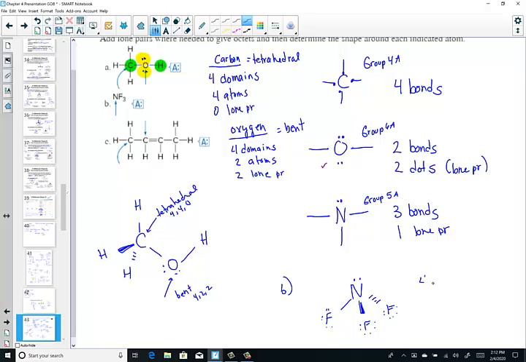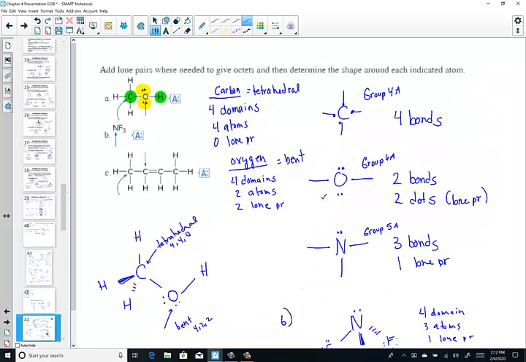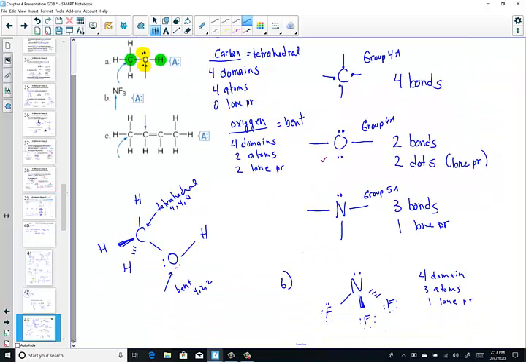Of the 4, 3 lead to atoms, and 1 leads to a lone pair. So our VSEPR count is 431. We're learning repetition, right? 431. This is called trigonal pyramidal. And that trigonal pyramidal gives us about 107 for the bond angles.